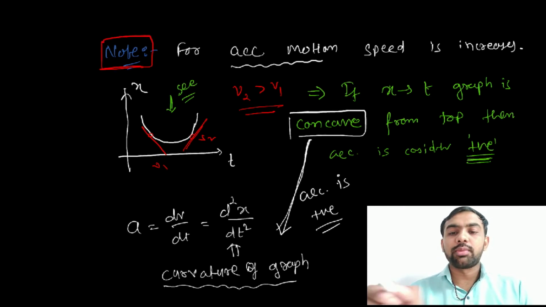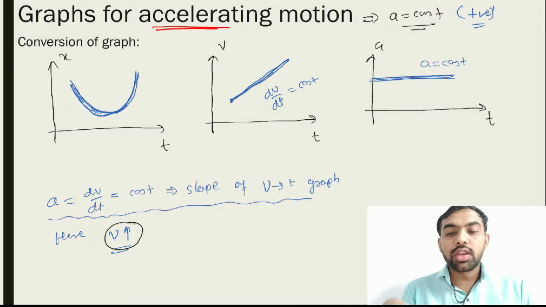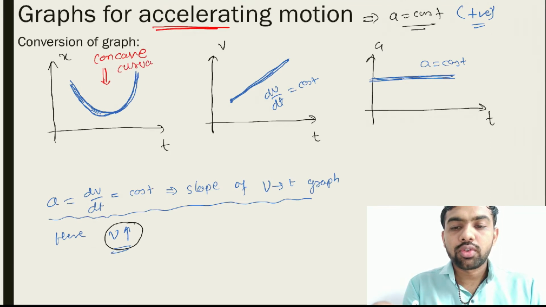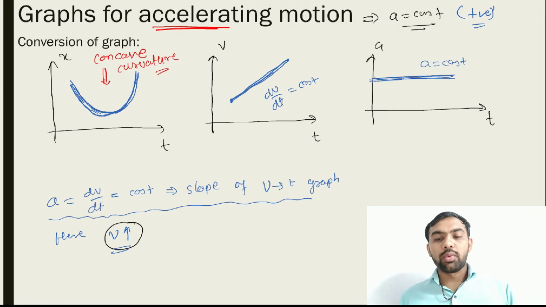All of you write this note first, then we will go to the next. Here this is concave curvature, and you see it from the top. So this is the graph of accelerating motion where a is positive.